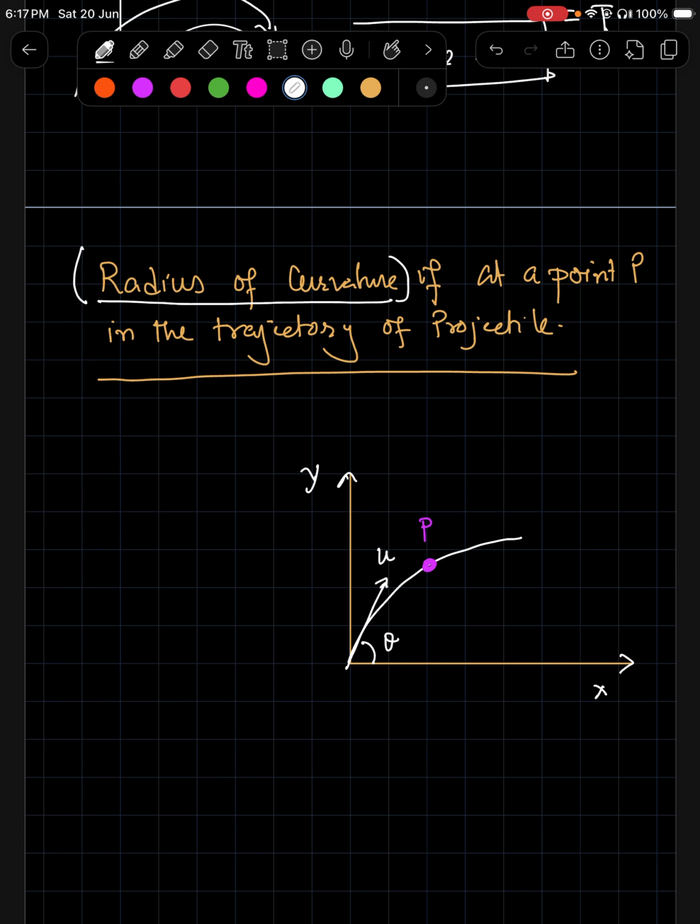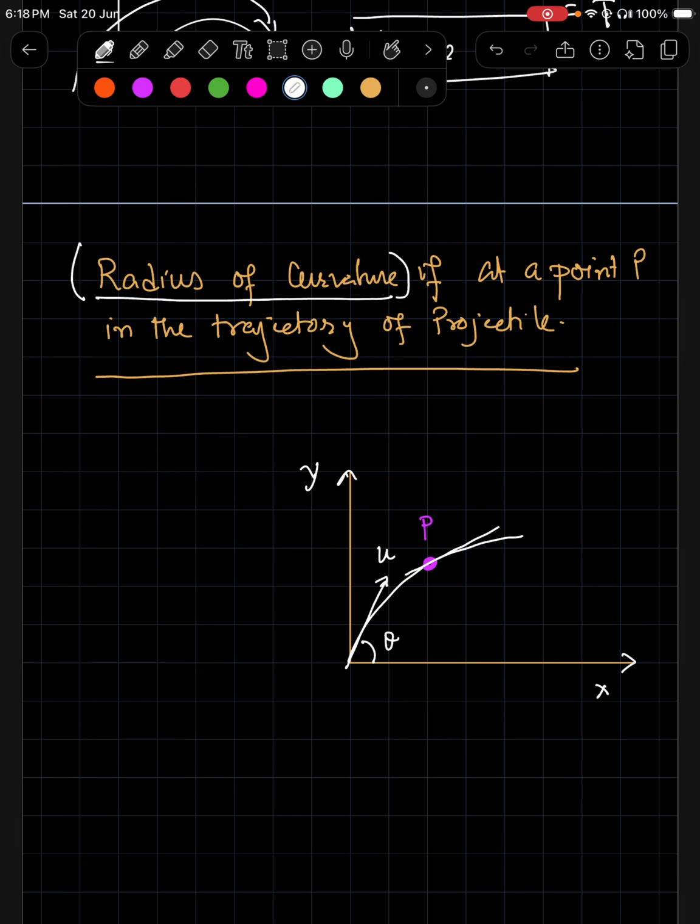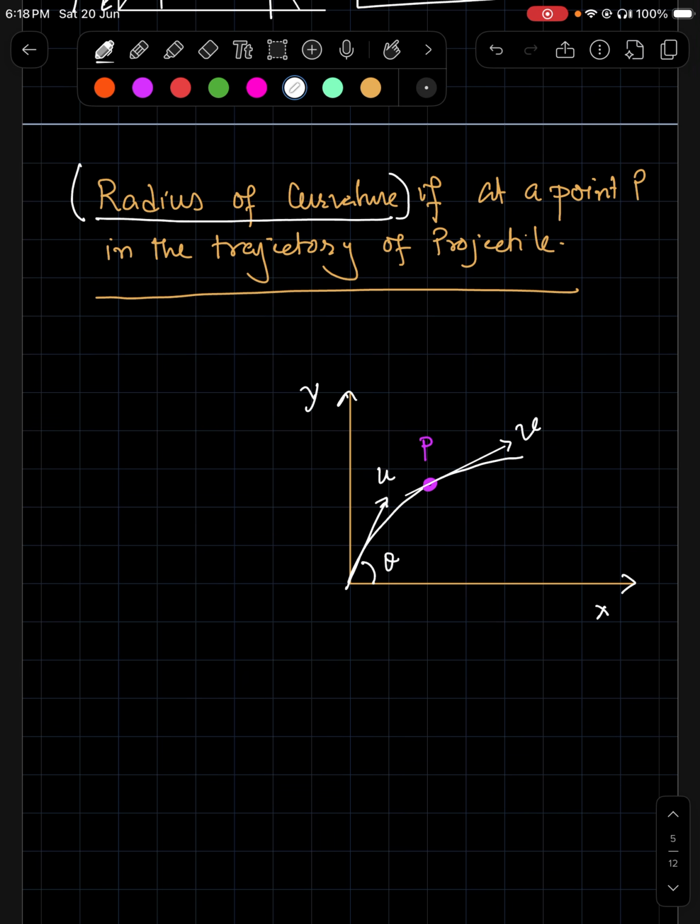But now we are going to find the radius of curvature at the point P. To get that, first we have to draw the tangential velocity at this point, which is v, because due to the gravitational acceleration the velocity changes, in both direction and magnitude, and that is why at the point P, v is totally different from u.